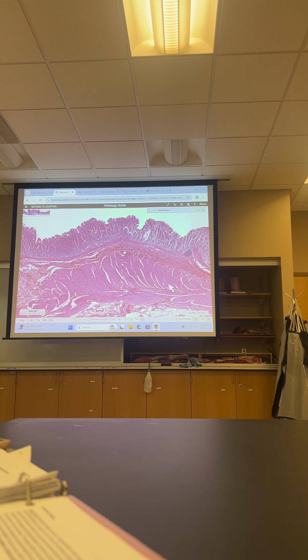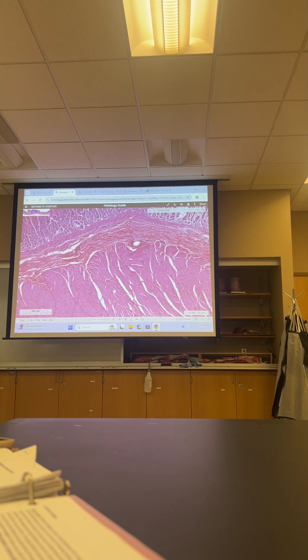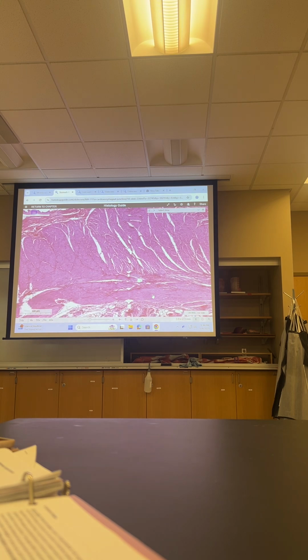This muscle is in two layers. That's where I was going with this. You can see that this layer is longitudinal, if you look at which way the fibers are running, and this layer is circular. And they're opposite of each other because when they contract like this, that causes the stomach contents to start to slosh around. And as they start to slosh around, hydrochloric acid in the stomach is able to break down the food better.